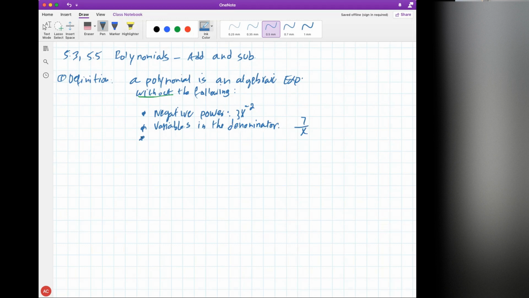Also, speaking of powers, they can only be whole numbers, meaning the powers can be 0, 1, 2, 3, 4, and so on. It cannot be decimals, it cannot be fractions, for example, or radicals. So no radicals, or non-whole number powers.